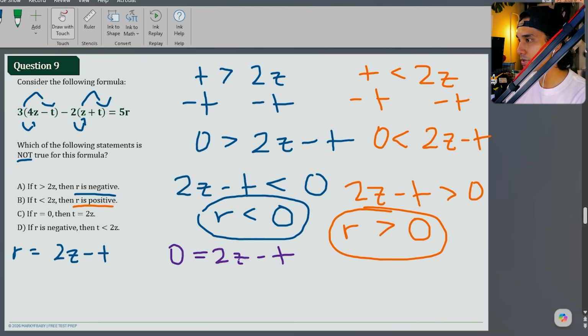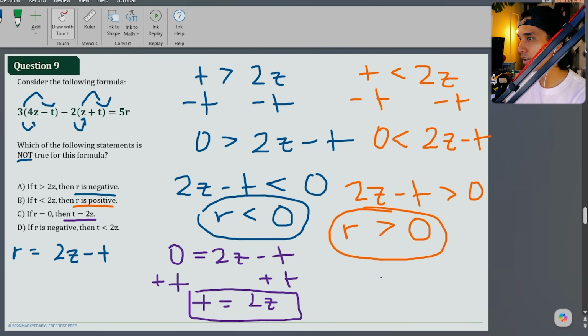So let's add t to both sides: t is equal to 2z. Exactly that. This is true. Remember, we're looking for something that is not true. So this is true, and this is true. That means that this is wrong, and this is wrong.